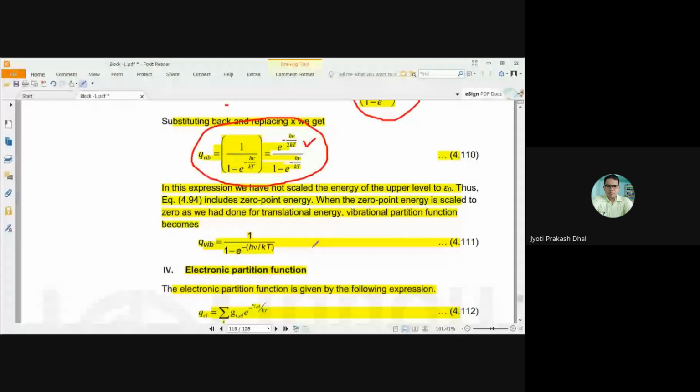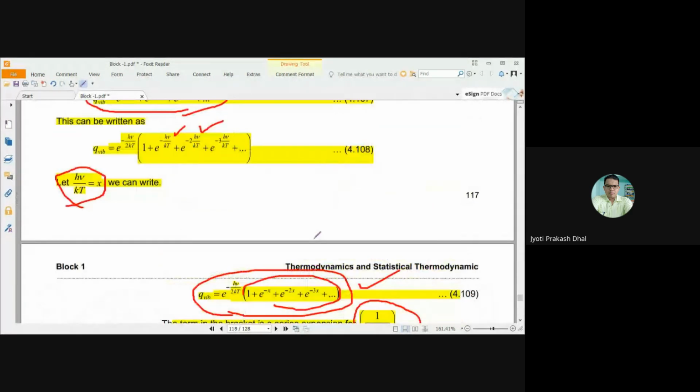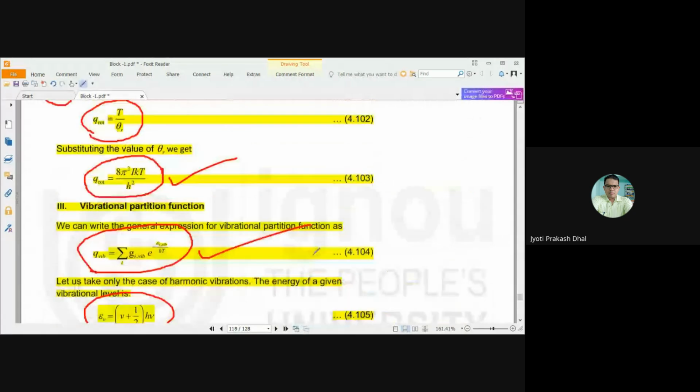And in this expression, we have not scaled the energy of the upper level to epsilon 0. Thus this equation 94 includes the zero point energy.